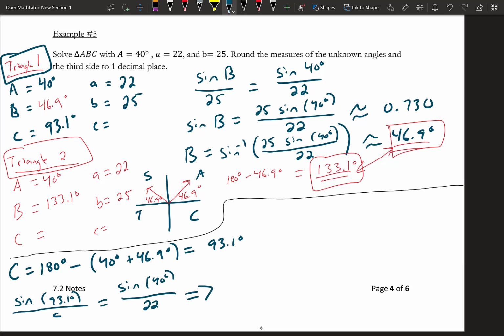So this gives me that c equals 22 times sine of 40 degrees divided by sine of 93.1 degrees. Right? So this comes out to be approximately, let's see, 22.